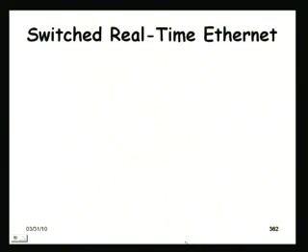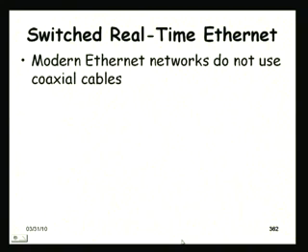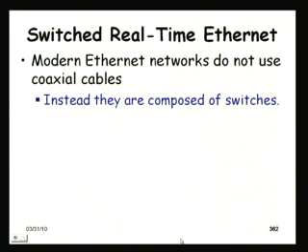Let us look at the switched real-time Ethernet. We had seen that Ethernet had some difficulty with respect to transmission of real-time messages. Can we, with small modifications, overcome that? We had seen that Ethernet does not use coaxial cables but is composed of hubs and switches.